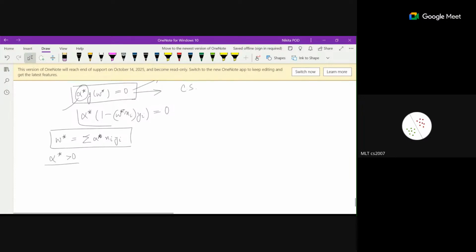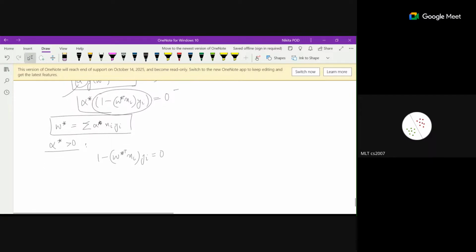If alpha star is positive, the second term has to be equal to 0 for the complementary slackness condition to hold. So 1 minus W star transpose Xi by I has to be 0, which means W star transpose Xi by I is equal to 1.